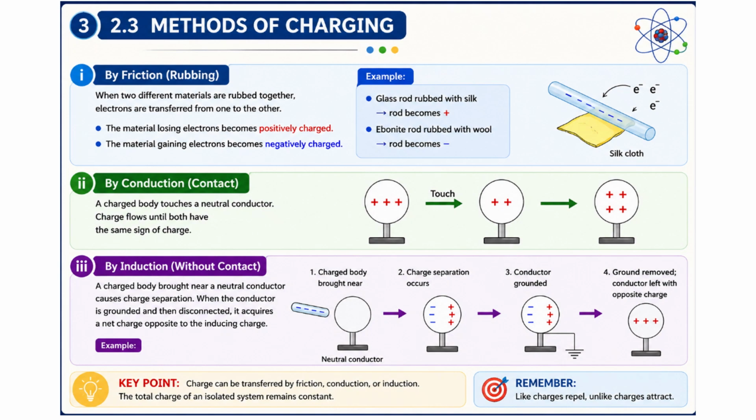So let's look at the three steps or diagrams in the green funnel. As you can see, we have a sphere put on an insulating stand with a net positive charge. Okay, what happened?